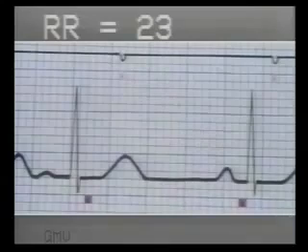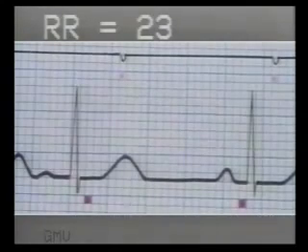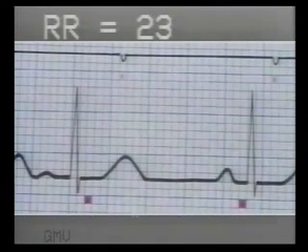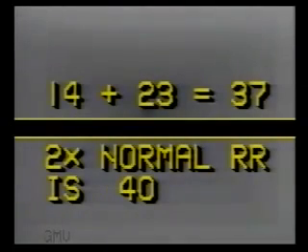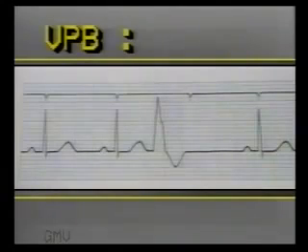And the RR interval of the compensatory pause is 23 small squares. The two added together, 14 plus 23, is 37 small squares, whereas it should have been exactly 2 times the normal RR interval of 20 small squares, that is 40 small squares. So this is an incomplete compensatory pause.